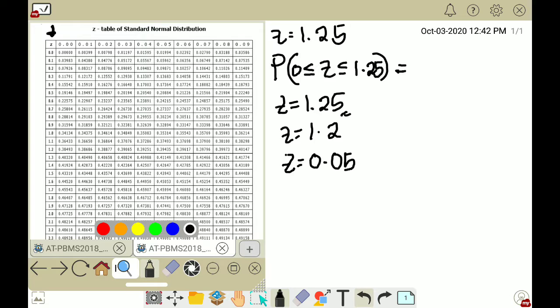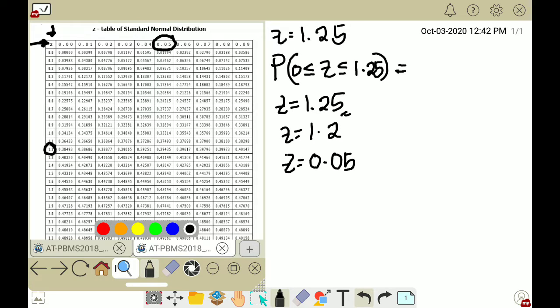So we can locate that in the z table: here is your 0.05 and your 1.2.